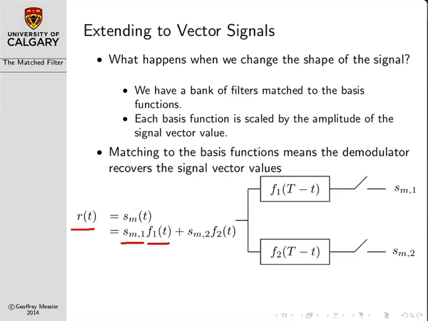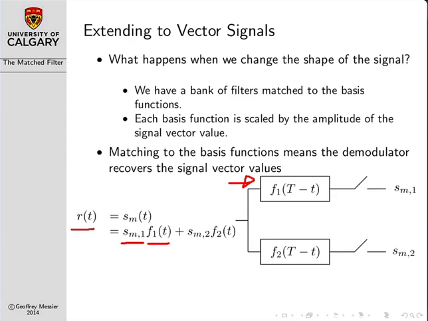And so when we feed this signal into a matched filter that is matched to the first basis function, it doesn't matter that the basis function is scaled by the signal vector value in the received signal, because as long as our signals are equal to within a constant, then we still maximize signal to noise ratio.